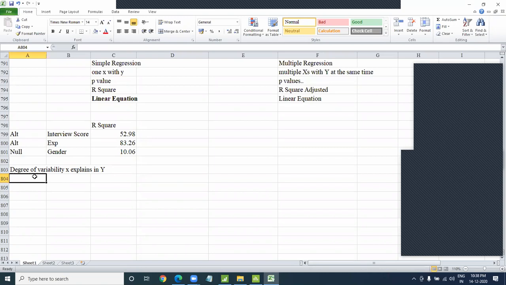What percentage of Y is that X? In simple layman's language, how much of impact X will make on Y is explained by this R square.